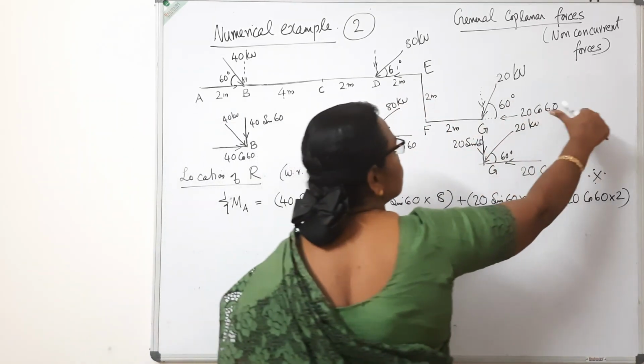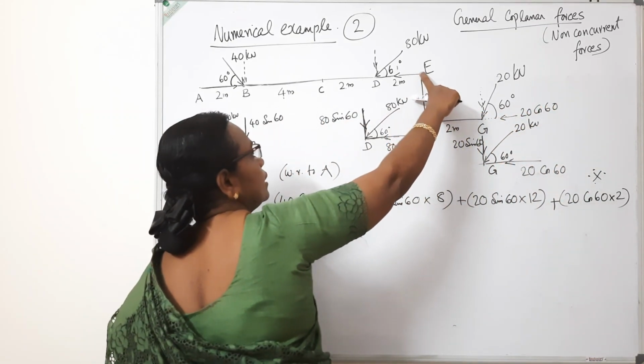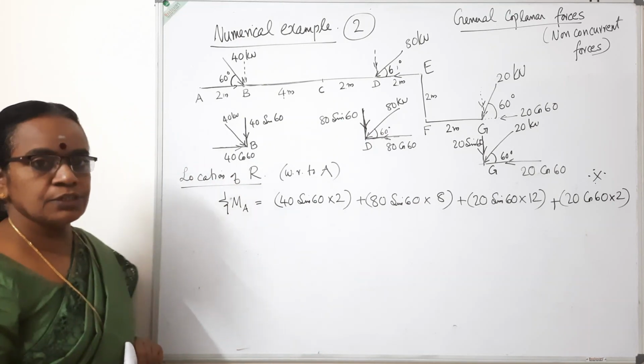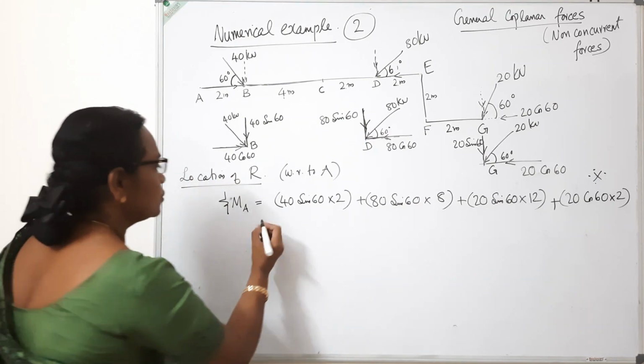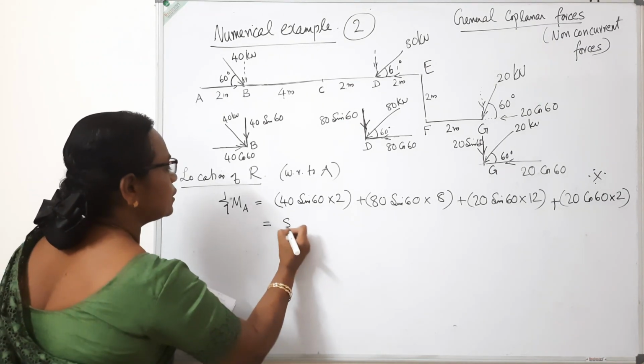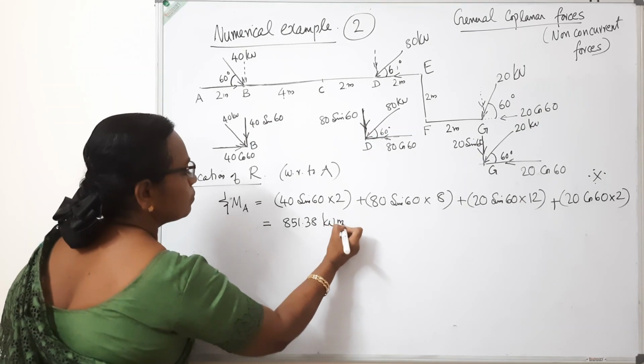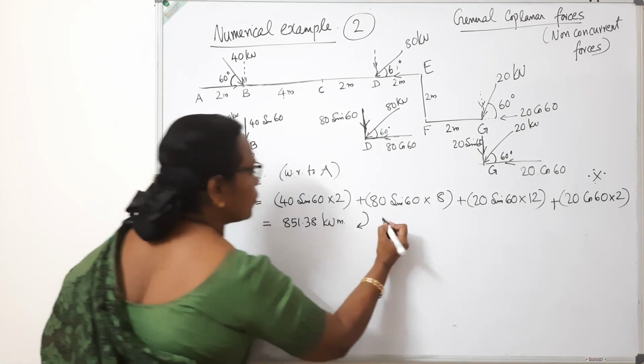And this 20 cos 60, the line of action is at a height of 2 meter. So 20 cos 60 into 2 will produce a clockwise moment. So the total moment about A is equal to 851.38 kilonewton meter clockwise.